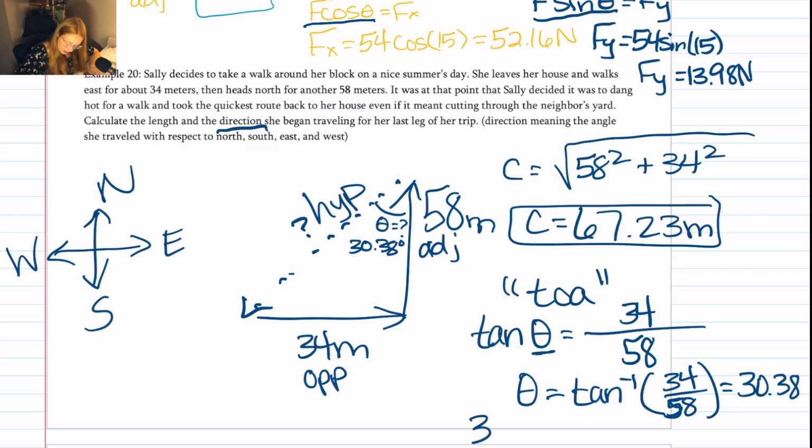So 30.38 degrees is the angle, but when you're dealing with cardinal directions, it also wants you to describe the direction itself. Is it north of east, south of west, west of north? So let me teach you how to do that. What I like to do is draw the arrow on the cardinal map. So pretend this is the origin point.